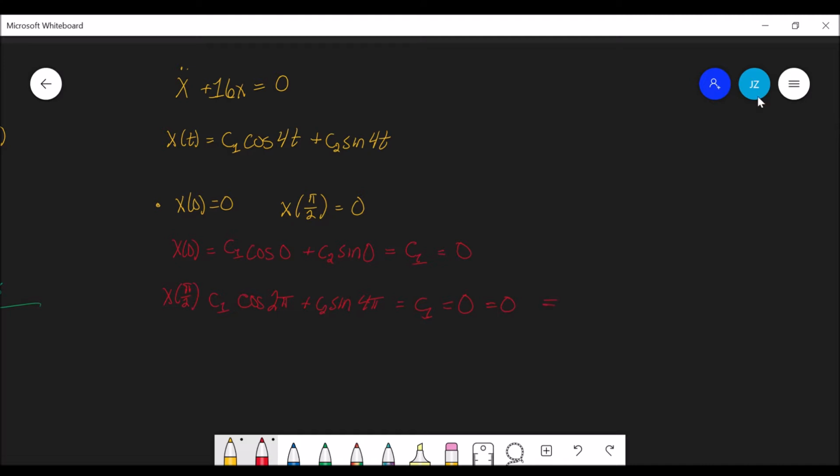Well, this would imply that c2 can be any real number. So our solution would be an infinite number of solutions. It's any solution of the form r times sine of 4t such that r is a real number.